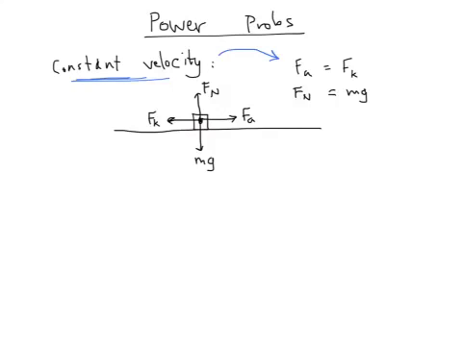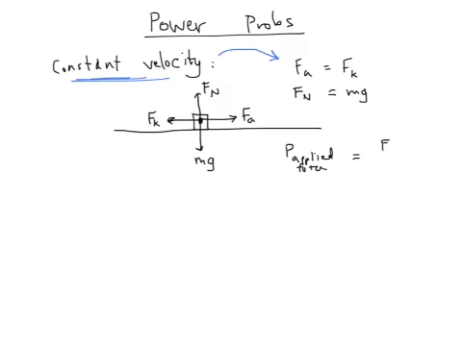In most cases, we'll be given or asked to find the power by the applied force, Fa. And based on the equations that we saw, we'll have a couple of choices.